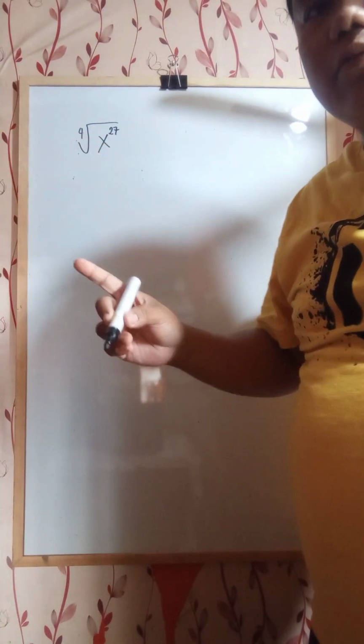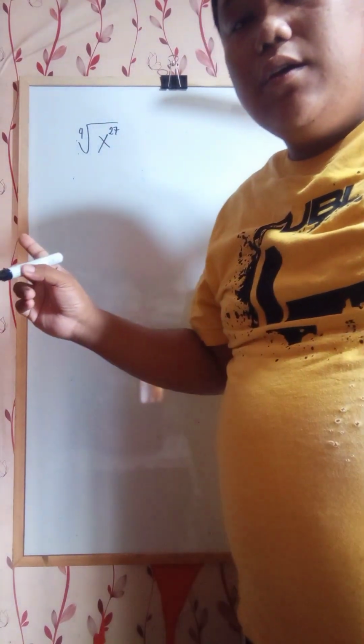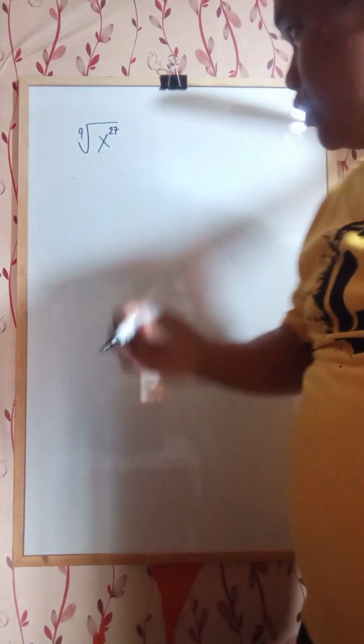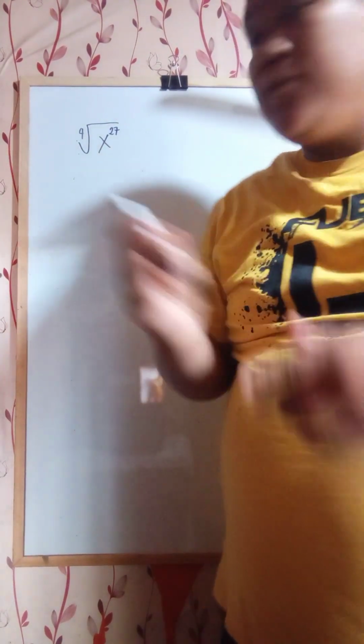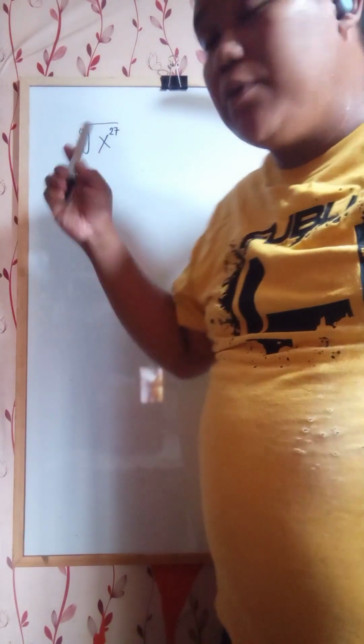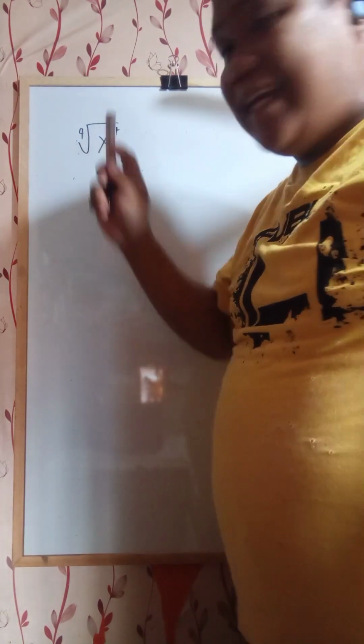How are we going to simplify or extract this in the simplest way? You'll do something like dividing numbers. First, focus on the numbers, the exponent and the index.